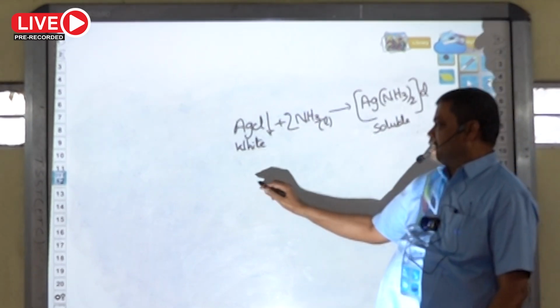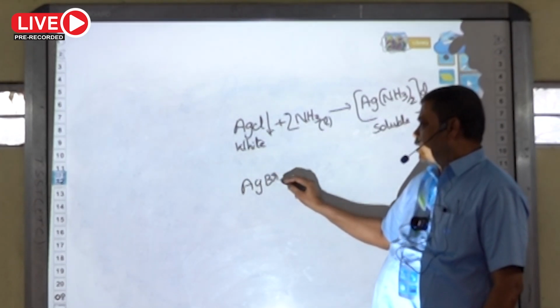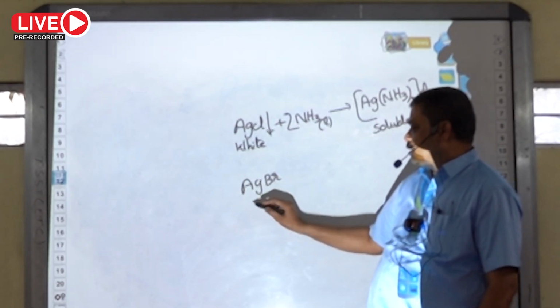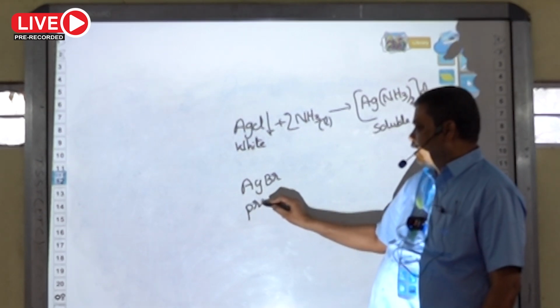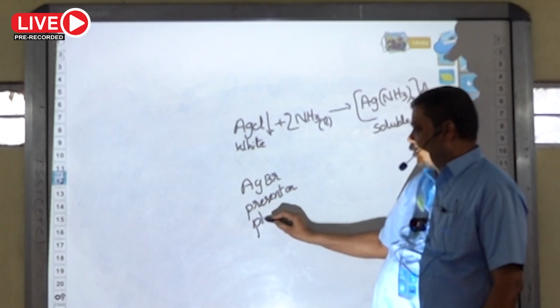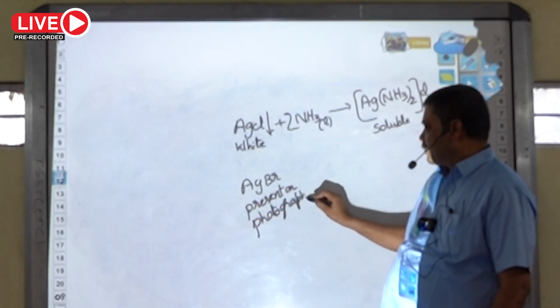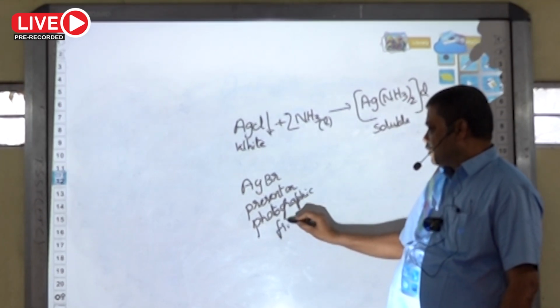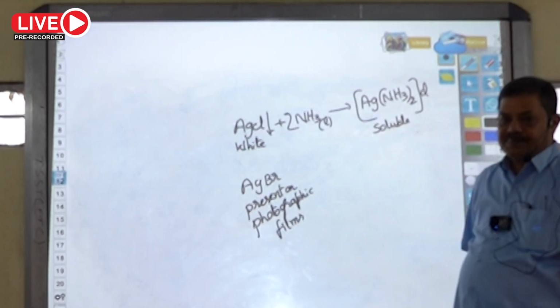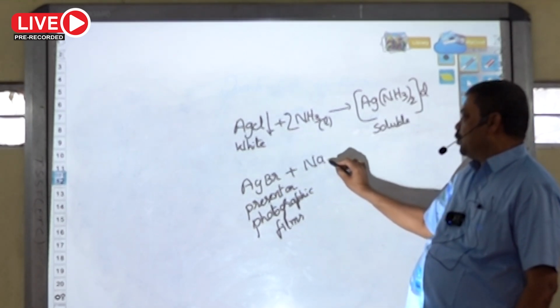We already discussed this in the P block: AgBr, present on photographic films, when treated with hypo.